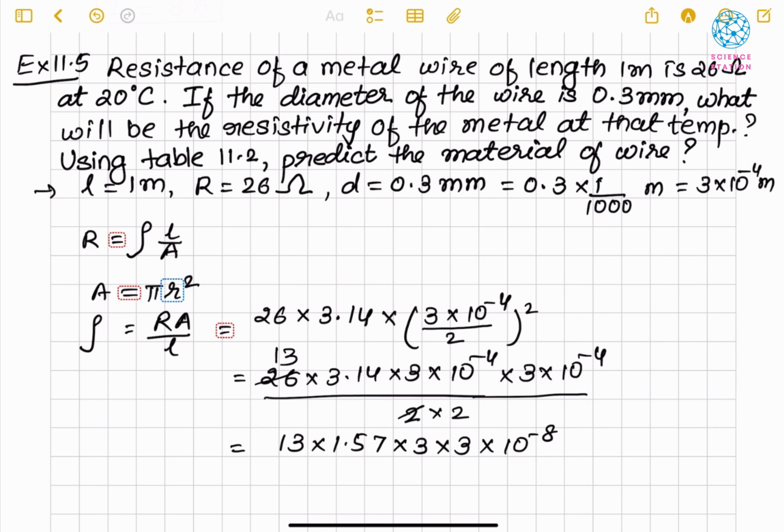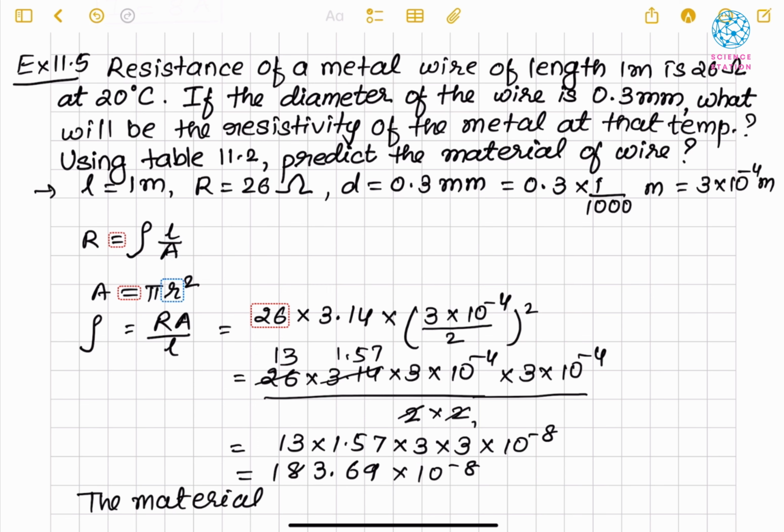How I did? See, the 13s are, these 2 ones are 1.57. So this is coming finally to 183.69 into 10 raised to minus 8. Now, seeing this from the table, I can say the material is manganese.